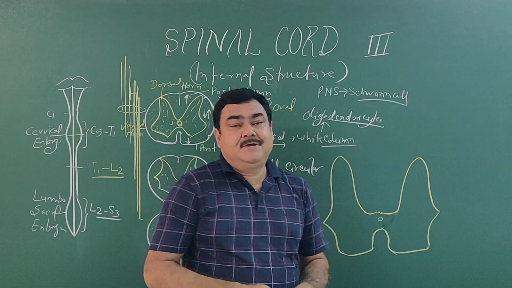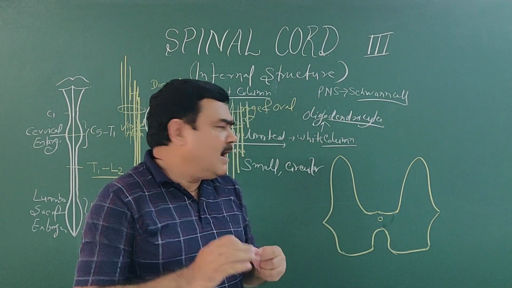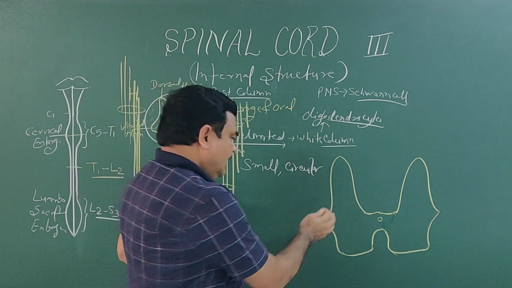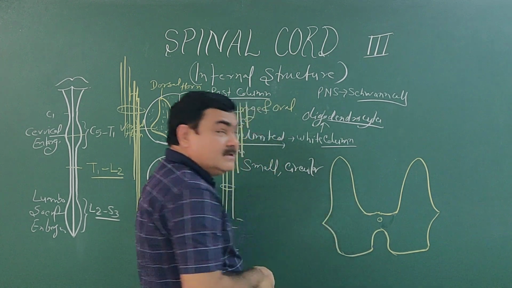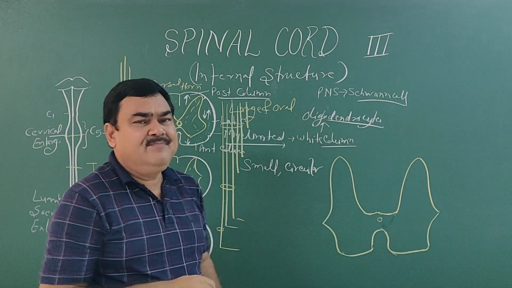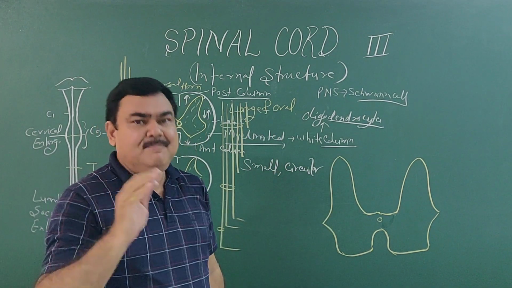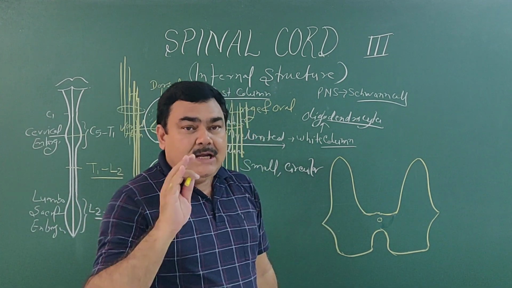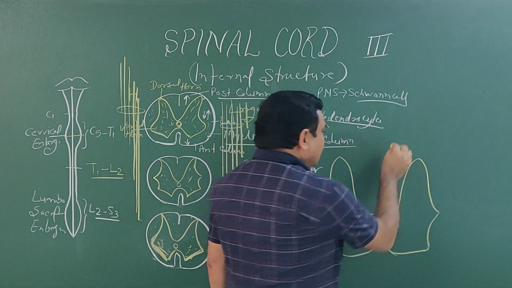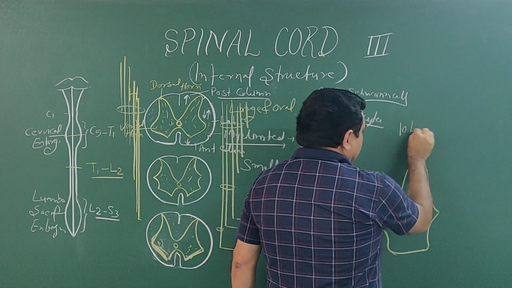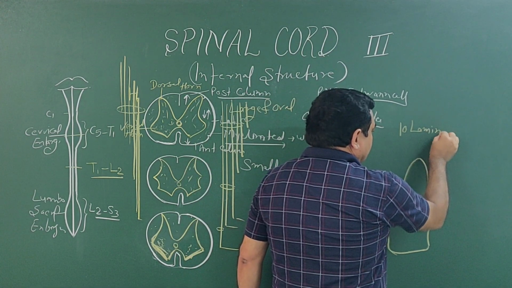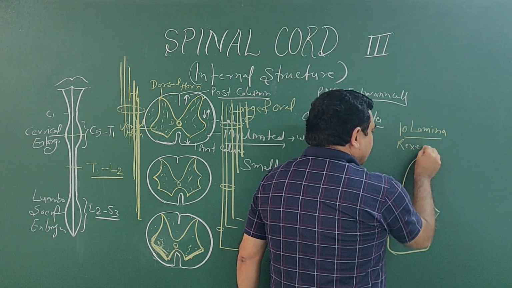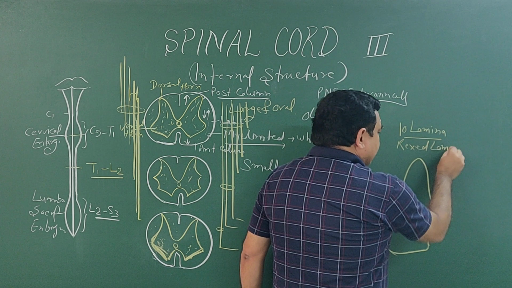This gray matter is divided into several nuclei, and for experimental purposes this gray matter is divided into 10 laminae. These are known as Rexed laminae.